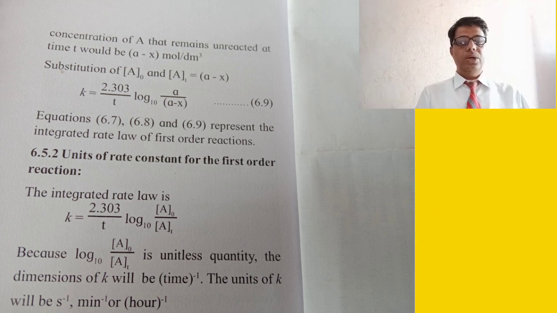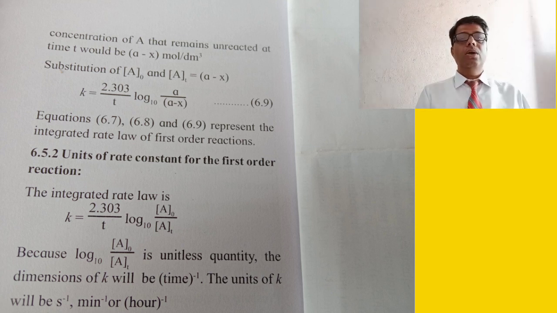Now student, we see what are the units of the rate constant for the first order reaction by considering the equation of the integrated rate law, that is 6.7. Here the integrated rate law is k is equal to 2.303 upon t log to the base 10 A_0 upon A_t.